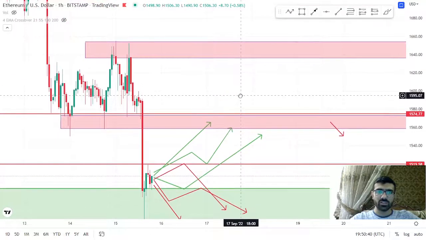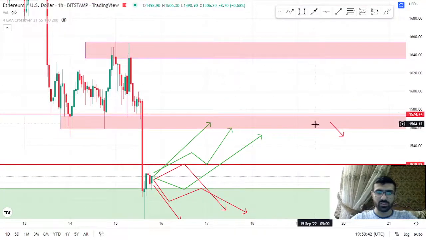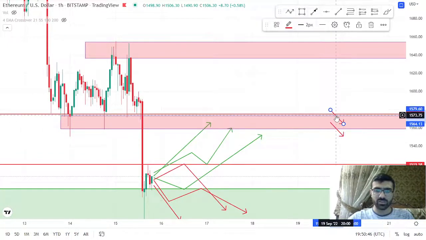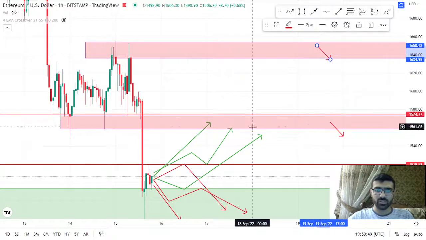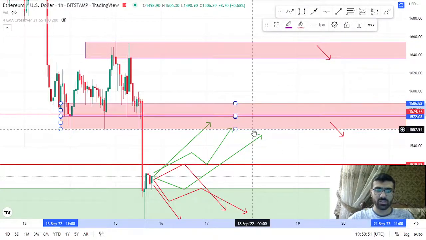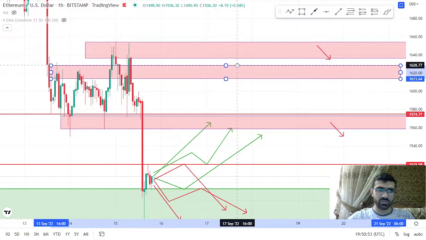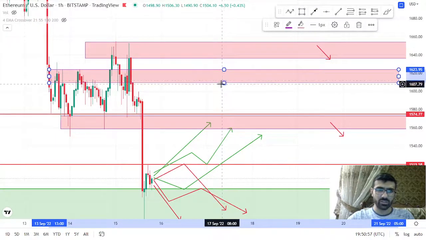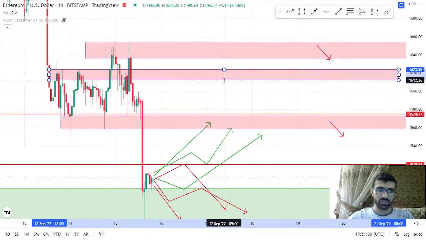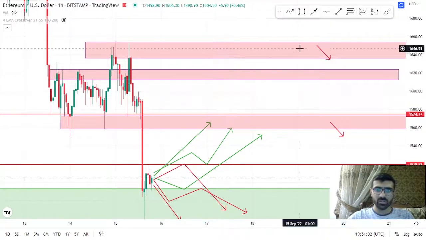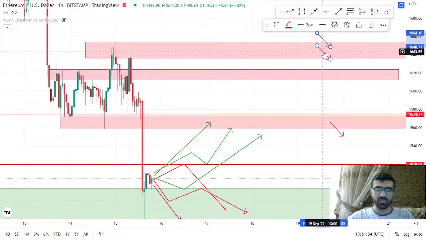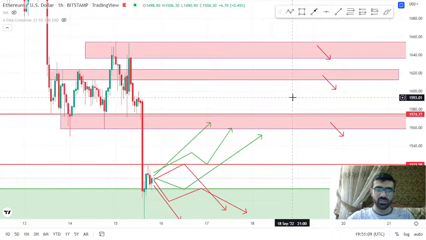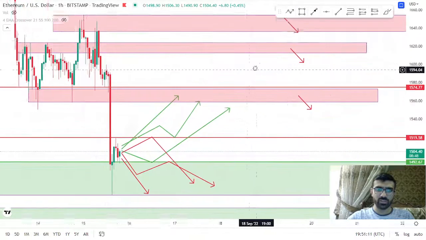And secondly, if market enters over here as well, and thirdly, if market simply tests this area. So we have to be vigilant as to what this pair might do tomorrow. But these will be the possible areas to sell.